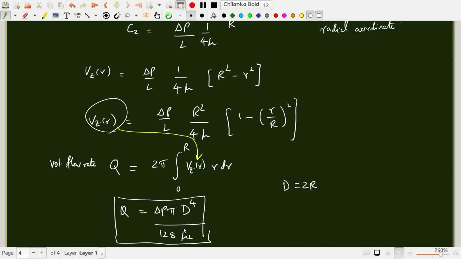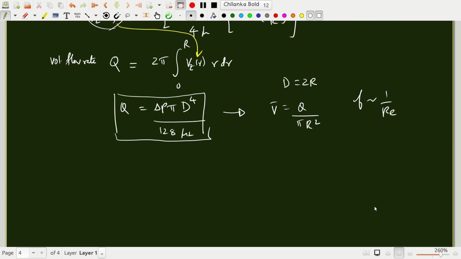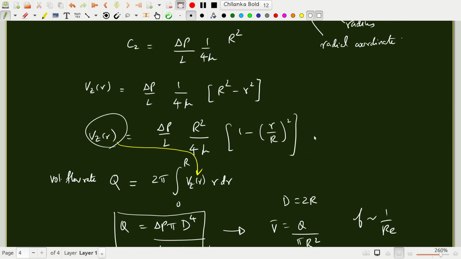This is what eventually leads to, if I define V as Q by pi R squared, and then define the appropriate friction factor, then I will get F goes as 1 over Re, the constant being defined by how you define F. So this is the laminar velocity profile, which is the famous parabolic velocity profile for flow in a pipe.